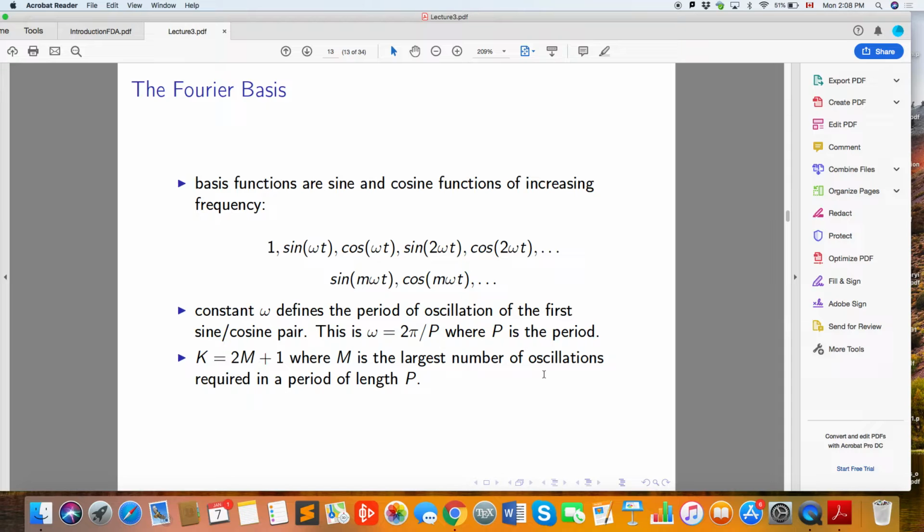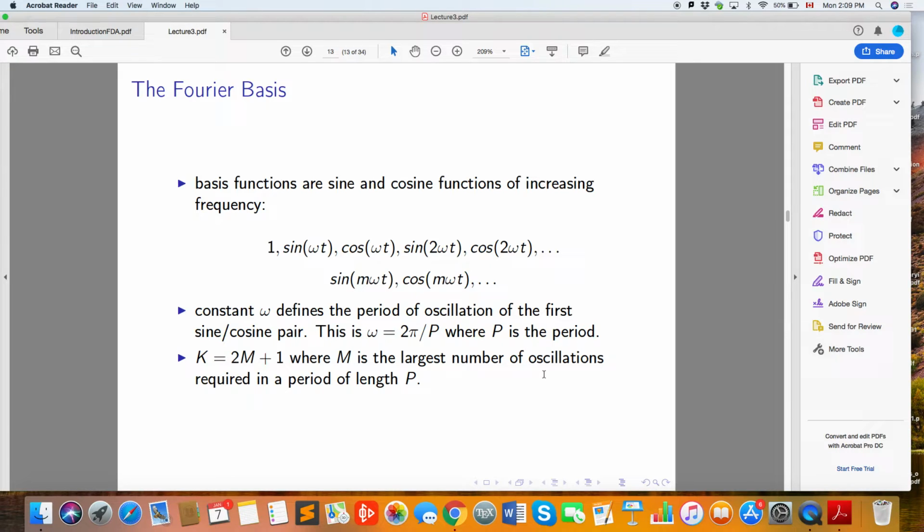In mathematics, there's a big research area called approximation of functions. They have studied all different kinds of basis functions to approximate functions accurately.